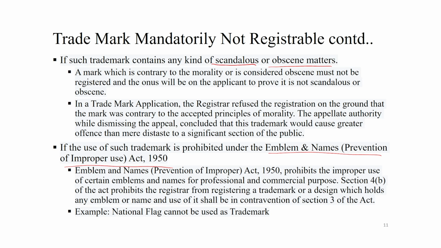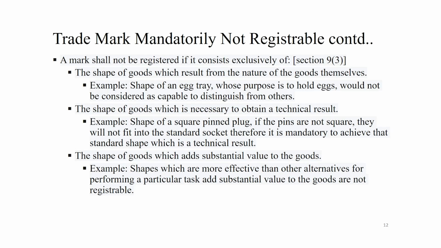According to section 9(3), there are certain marks which are not registrable. A mark shall not be registered if it consists exclusively of these. It does not say that it must be a combination of all of them; it only says if it consists exclusively of these.